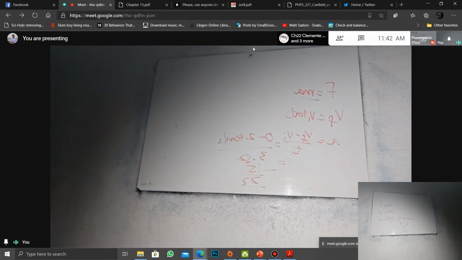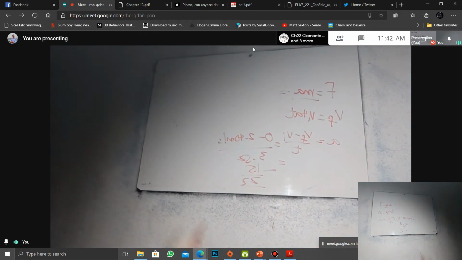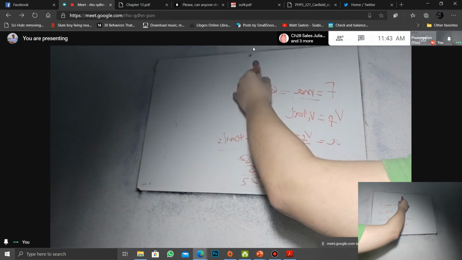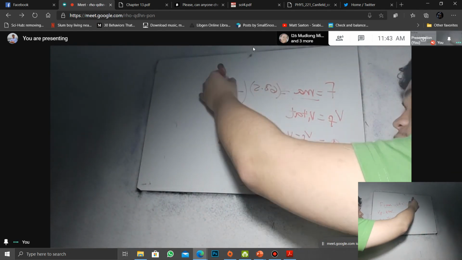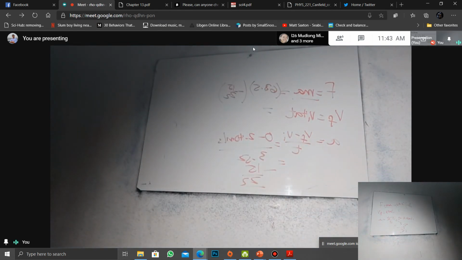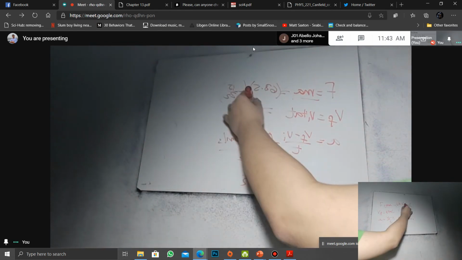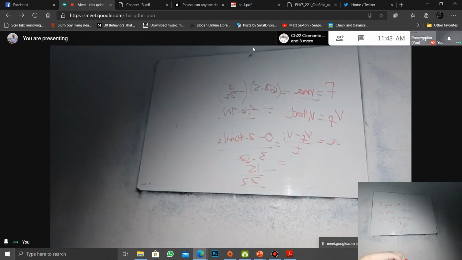Ngayon, multiply mo na. Plug in mo na. Mass, 68.5 times negative 15 over 22. You will get, all in all, negative 46.7 newtons. Okay? Negative 46.7 newtons.